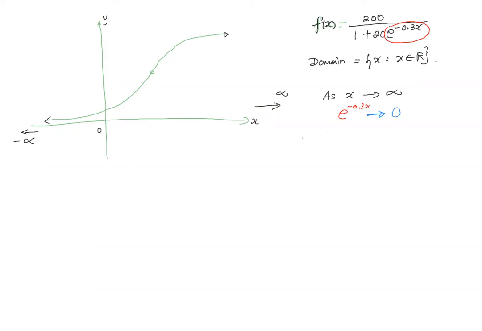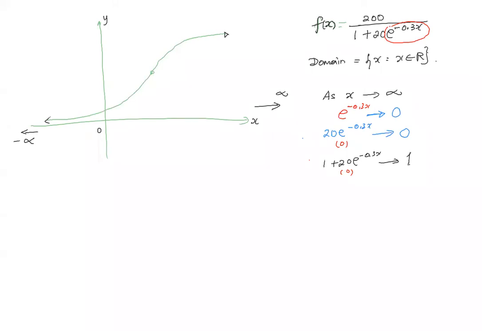So my 20 times e to the power negative 0.3x will approach 0 also, correct? Because this one approaches 0. So therefore, 1 plus 20e to the power negative 0.3x will approach 1.